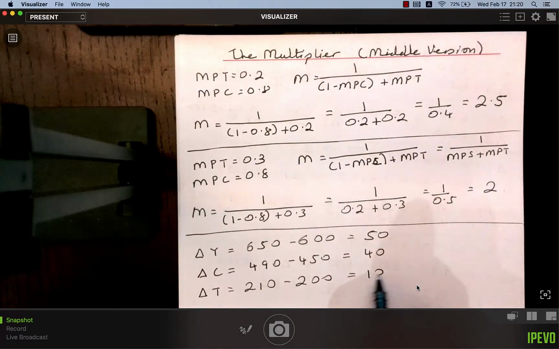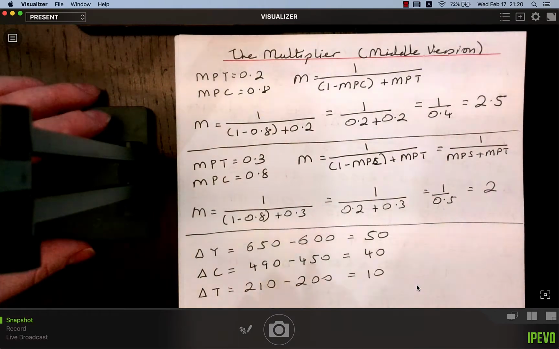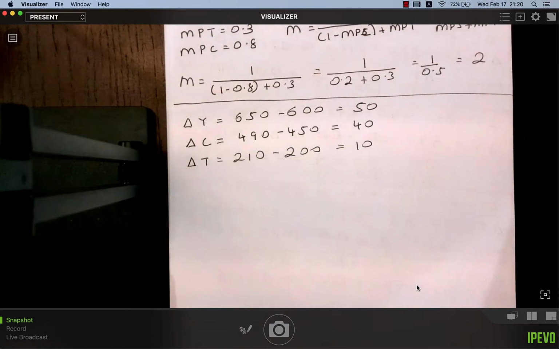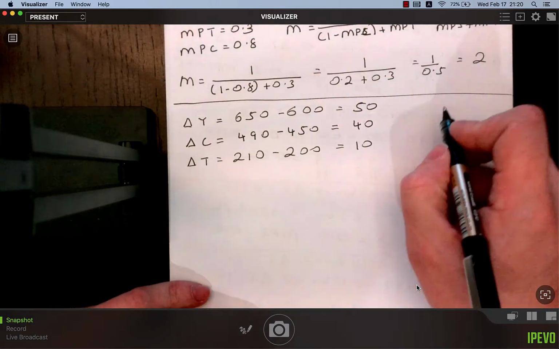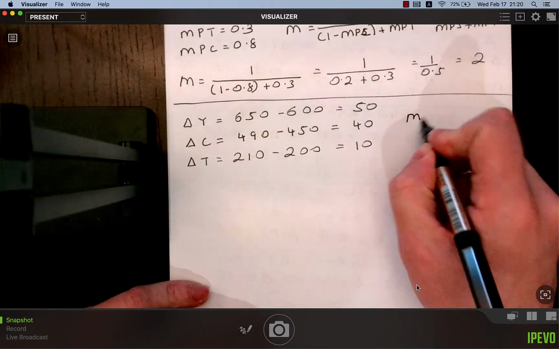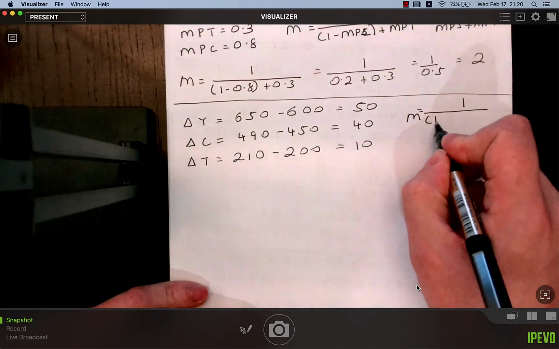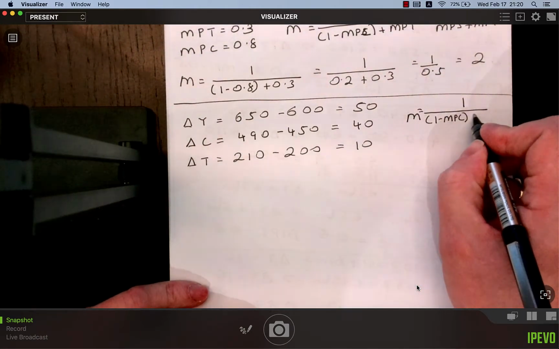Now, we need to know two numbers to calculate the multiplier. We need to know the MPC and the MPT. So I'm going to use this formula for the multiplier, equals 1 over 1 minus MPC, which again is the MPS, plus MPT.